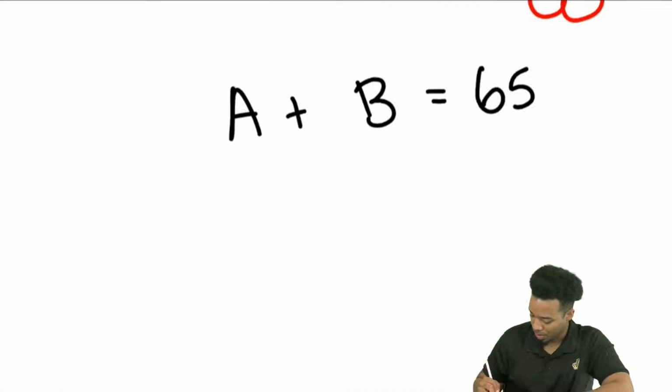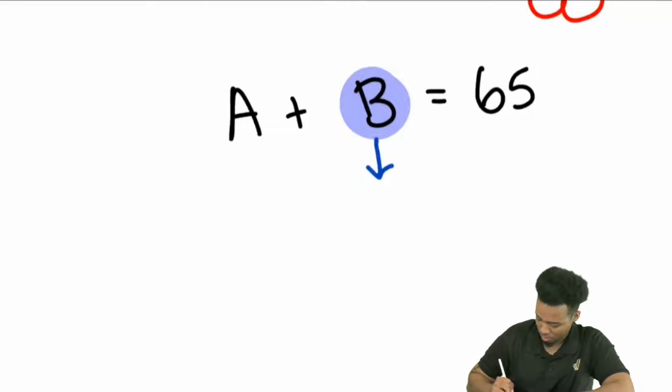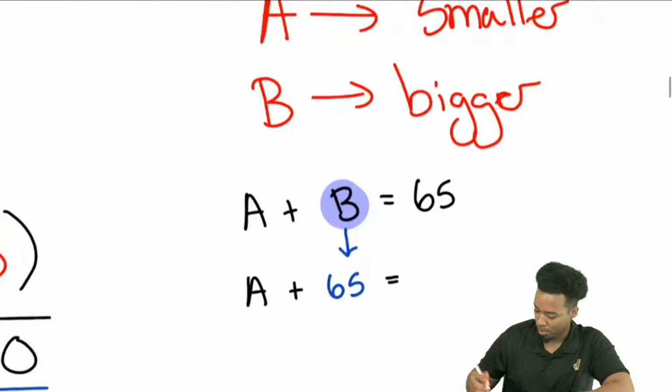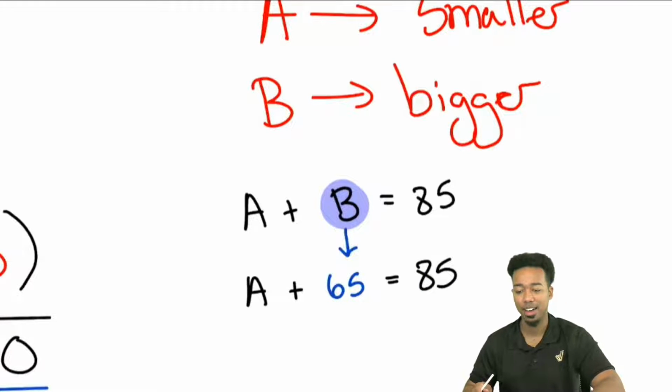B is what again? 65, exactly. So we have a plus 65, and that's supposed to be 85. Excuse me, guys, I got ahead of myself. So a plus 65 equals 85.